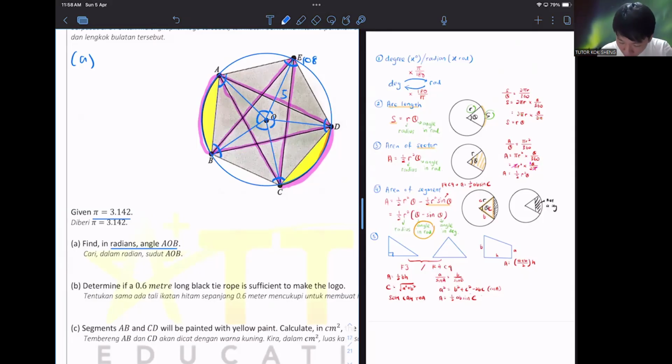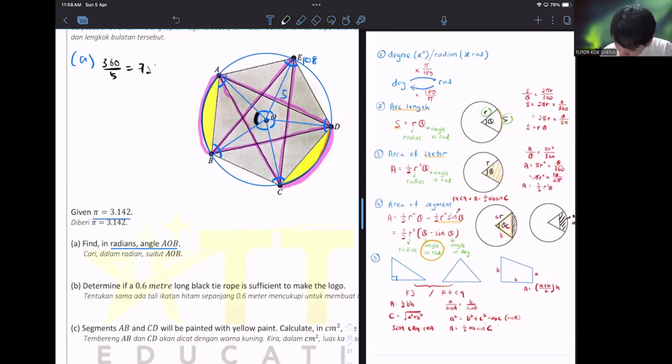That's why one of these is total circle, 360 divided by 5. That's 72 degrees. And you have to change to radians, no? 72 times pi, 3.142, over 180.